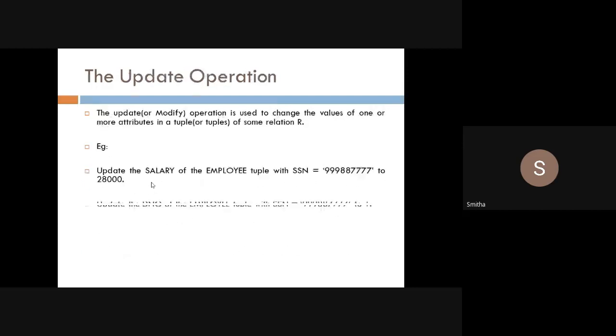Okay, update the D number of the employee tuple with SSN equal to something. Now suppose sometimes in a company they will transfer or promote, right? So they will change the department. For example, some employee works as a technician in the company; after some years of experience they get promoted and their designation becomes engineer.